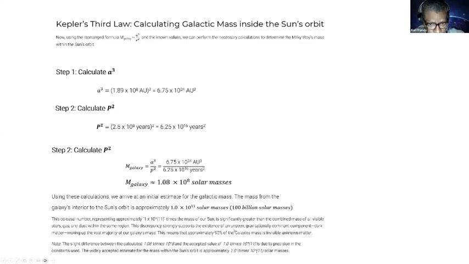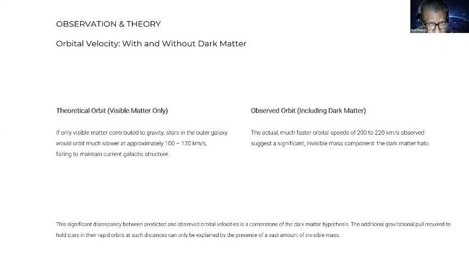Okay, now let's look at the same problem, but from a different mathematical perspective. If we calculate the theoretical orbital velocity of the sun around the galaxy with visible matter only, the velocity should be about 100 to 120 kilometers per second, due to the gravity of that visible mass.